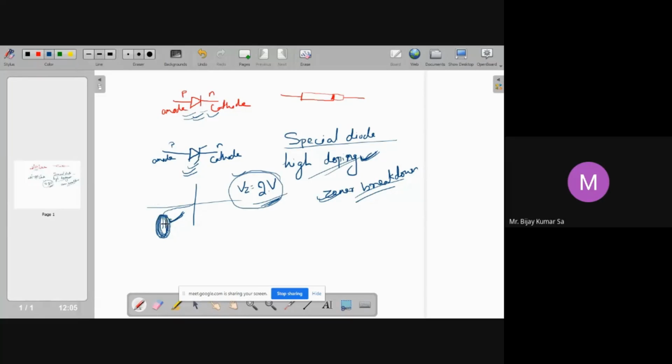It will not get damaged while being operated in the zener breakdown region, while a normal diode gets damaged.